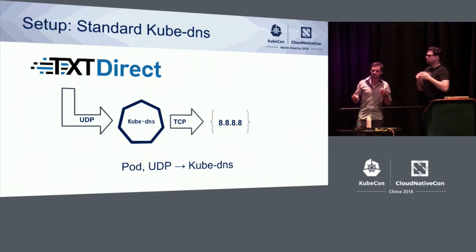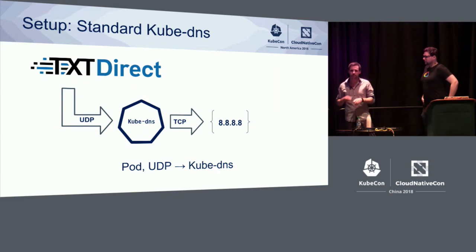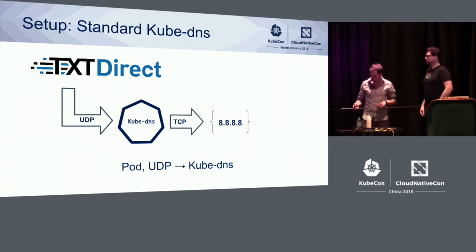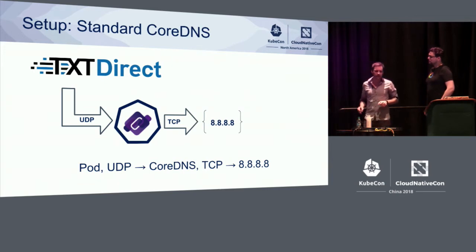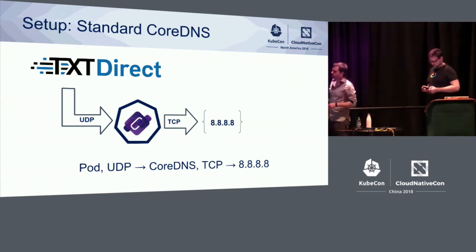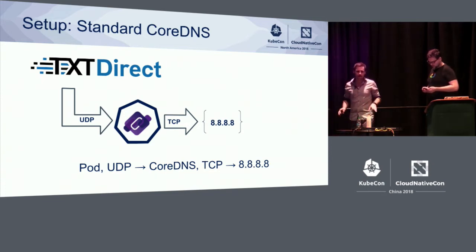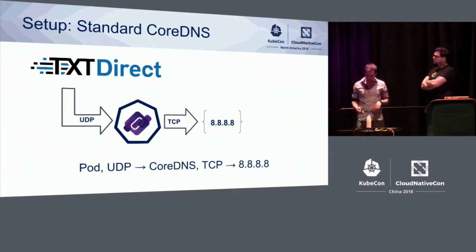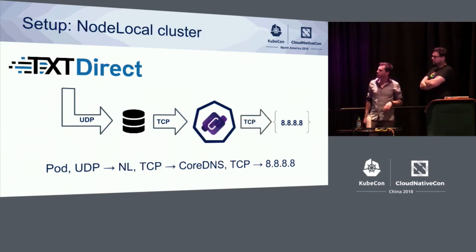It could be an etcd resolver that gets asked, or your company DNS resolver, whatever fits. The new way of doing things, as we've learned, is using CoreDNS inside your cluster. We're still sending UDP over the wire, so we still have a lossy connection. It has a cache, so that's similar, but we learned it has better performance, and we will see that in the benchmarks later.